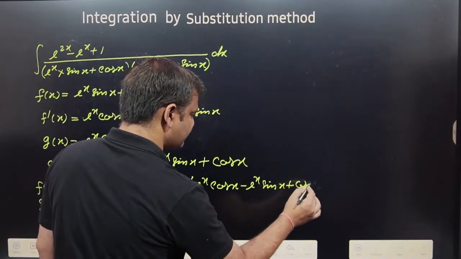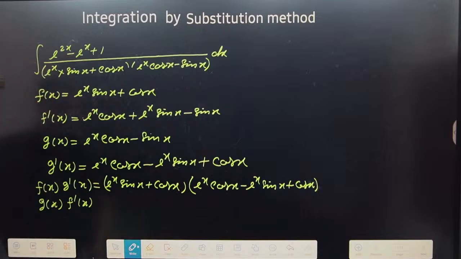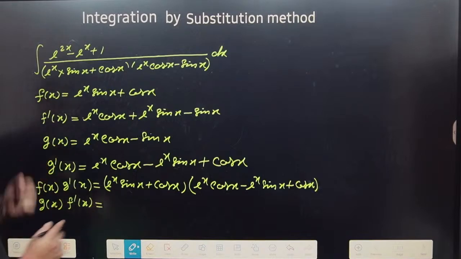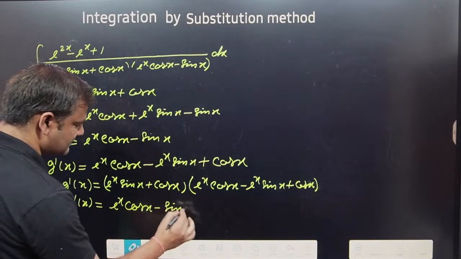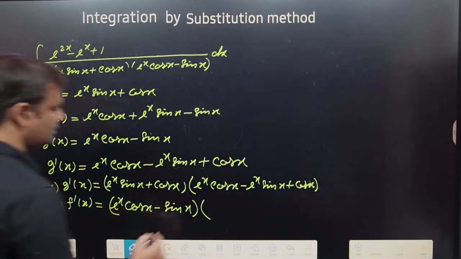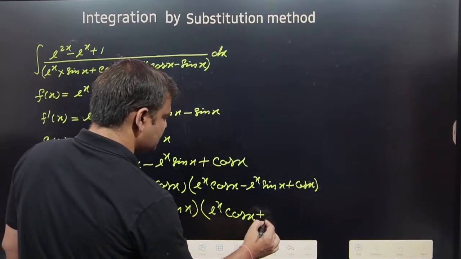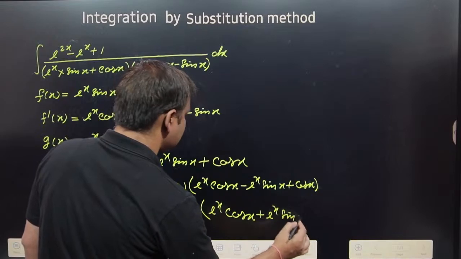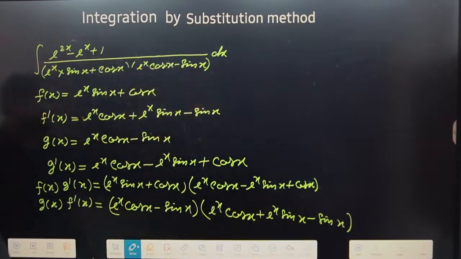Now g of x into f prime x is how much? g of x is e to power x into cos x minus sin x, into f prime x, which is e to power x into cos x plus e to power x into sin x.